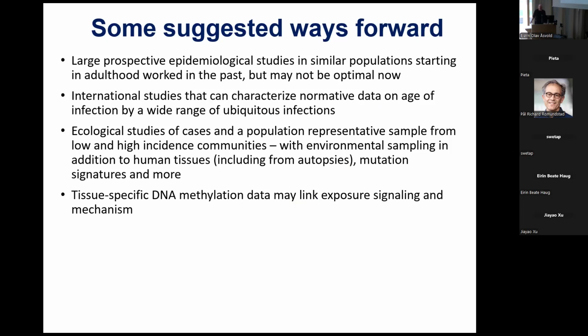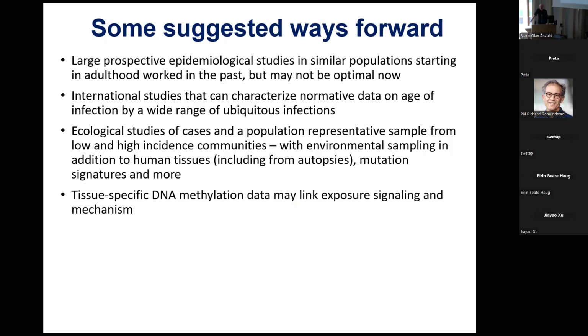Other sources of data that could be really valuable about exposures, but also as mechanism, would be tissue-specific DNA methylation data, for example in autopsy studies, but also in studies with tumour and normal tissue, which you can use to look for environmental exposures. We know that blood DNA methylation data gives you a very good indicator of smoking and arsenic exposure and a few other exposures.